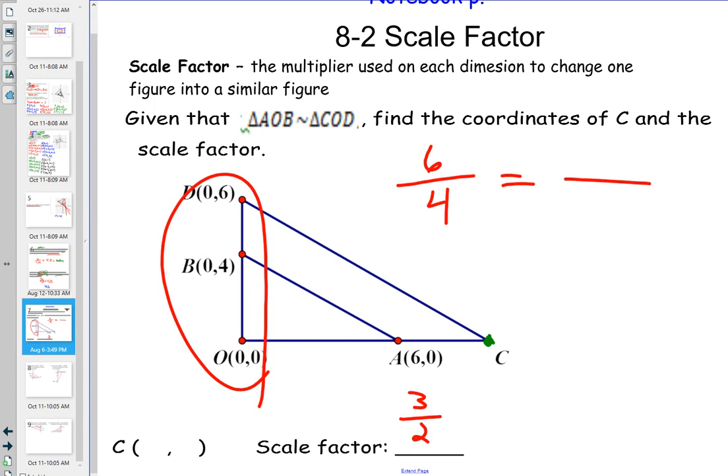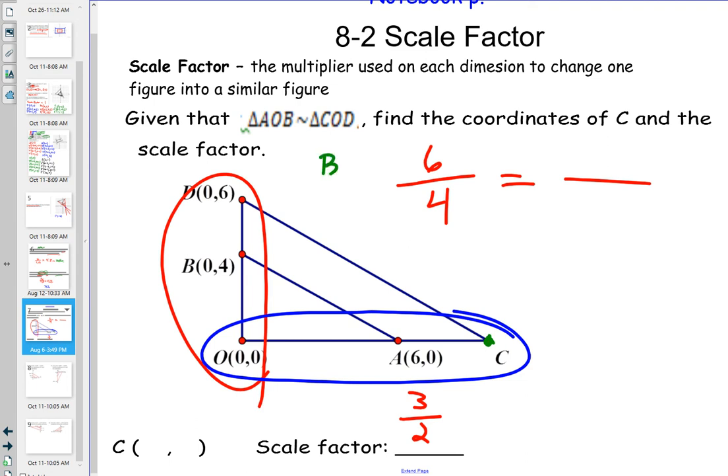But then when they want to know C, if you look at the other side, which coordinate is not changing? The y is not changing, so I want to put the x's. Is the 6 part of the small triangle or the big triangle? This 6 is part of the smaller triangle, so I want to line it up with the smaller triangle. On the first one, I did big triangle over small, so I have to do the same thing over there. I'm going to put the 6 where the smaller triangle was.